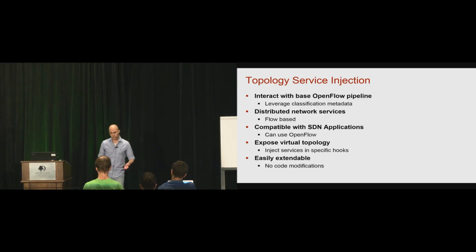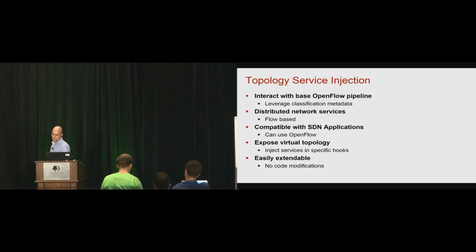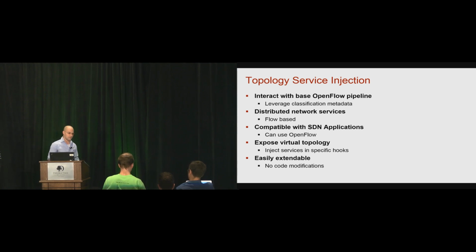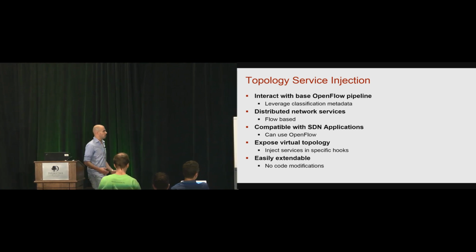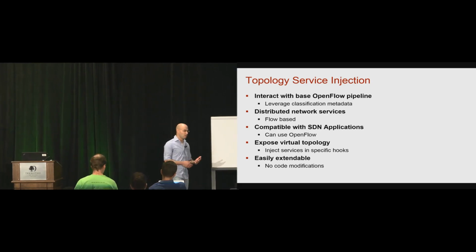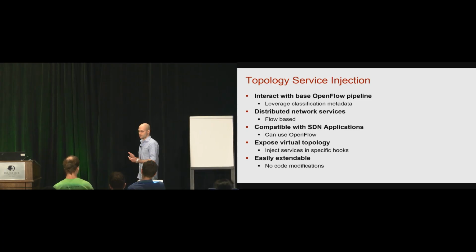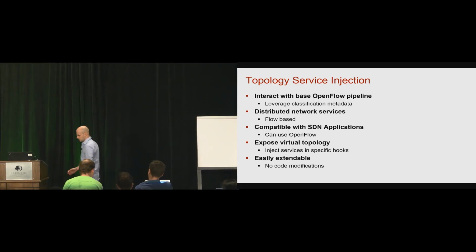We are allowing to extend the OpenFlow pipeline, the base pipeline. And I think the most important point in this feature is that we are allowing to extend OVN without actually changing or inserting code in OVN itself.